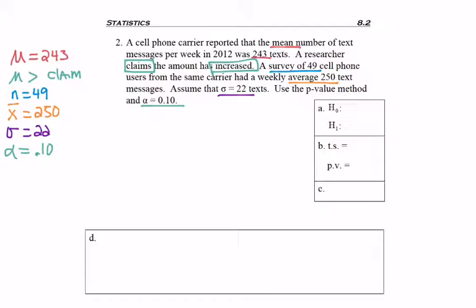First, I want to find the null and alternate hypotheses. Mu has increased is where we started. If you aren't sure what number goes after that, don't forget we've already stated that mu equals 243, and we have the same symbol and the same value in both the null and the alternate hypotheses, so I have to have 243.